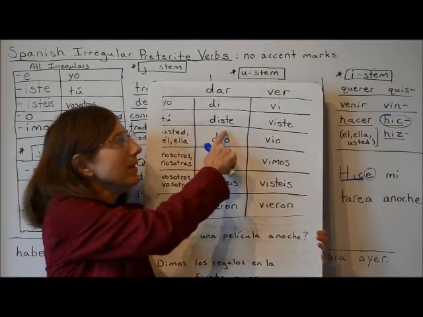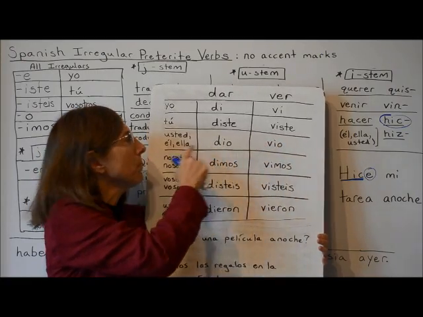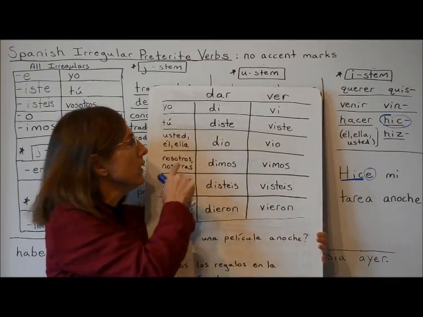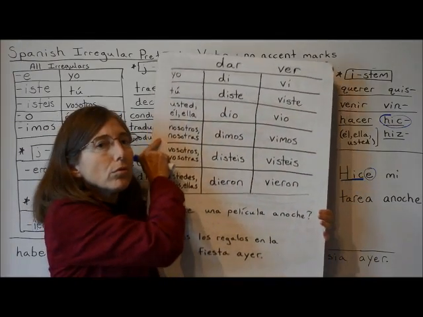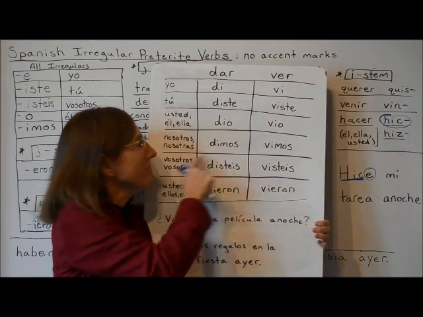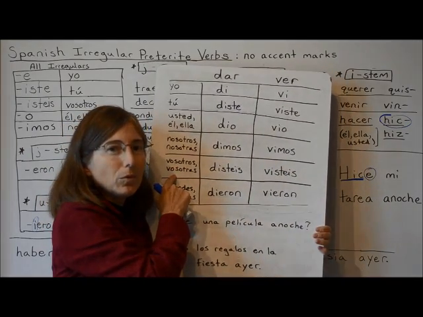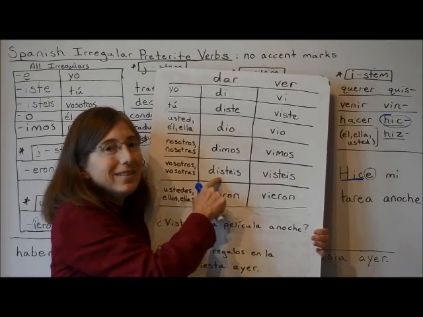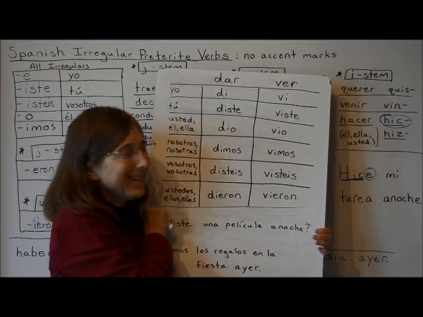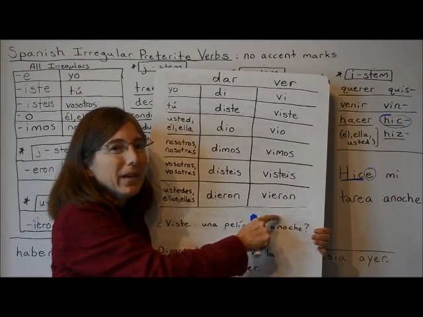Tú, diste, viste. Usted, él, ella, dio, vio. Nosotros, nosotras. Dimos, vimos. Vosotros, vosotras. Disteis, visteis. Ustedes, ellos, and ellas. Dieron, vieron.